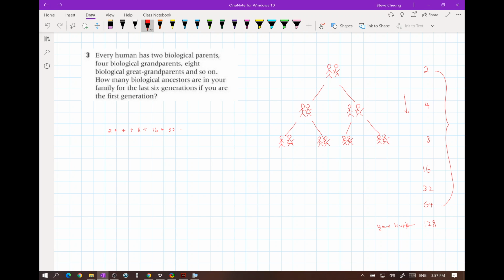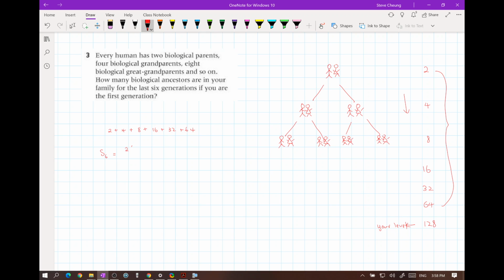Or you could always just do S6 equals, U1 is the top level, 2, n over 2 times 2 U1 plus 6 minus 1. Oh, no. This is geometric, my bad. No wonder I did 2 first.